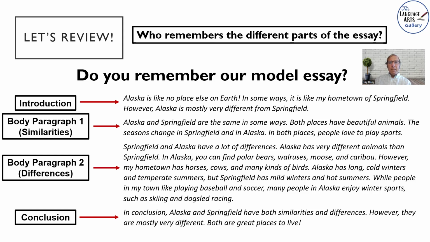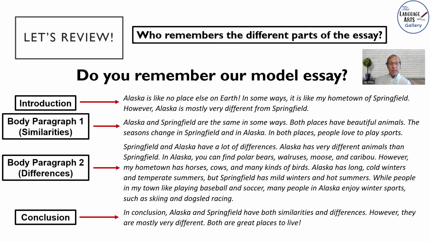Springfield and Alaska have a lot of differences. Alaska has very different animals than Springfield. In Alaska, you can find polar bears, walruses, moose, and caribou. However, my hometown has horses, cows, and many kinds of birds. Alaska has long, cold winters and temperate summers, but Springfield has mild winters and hot summers.